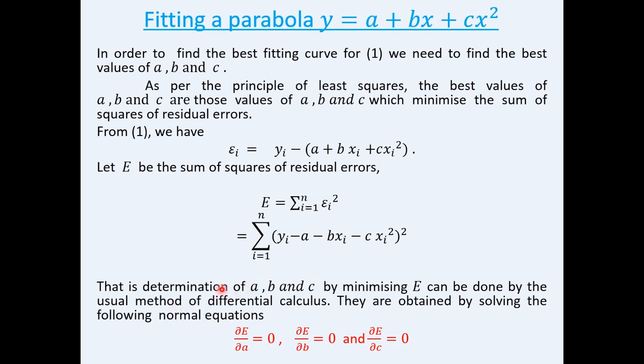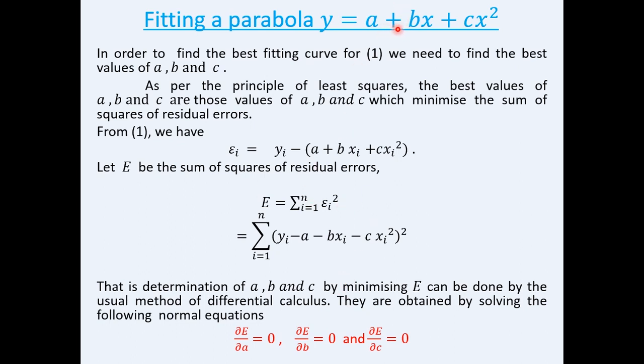That is, determination of a, b and c by minimizing E can be done by the usual method of differential calculus. They are obtained by solving the following normal equations: partial E by partial a is equal to 0, partial E by partial b is equal to 0, and partial E by partial c is equal to 0.